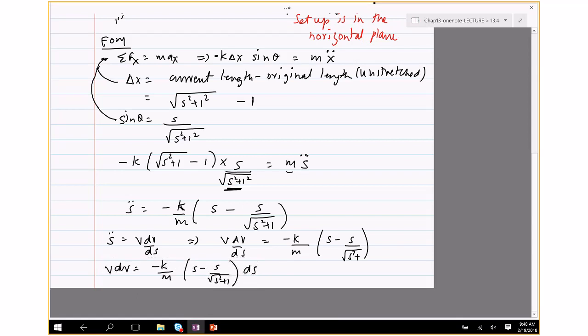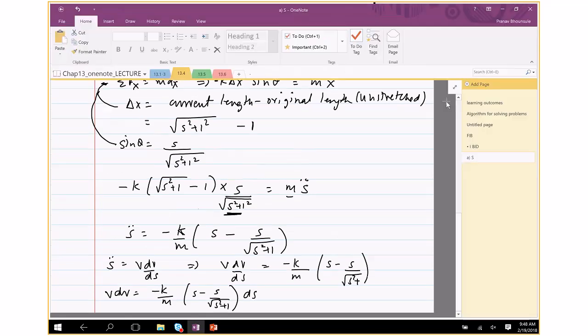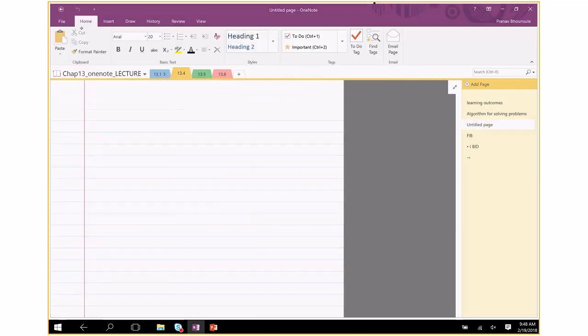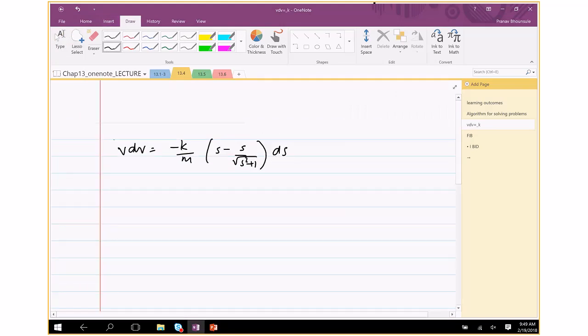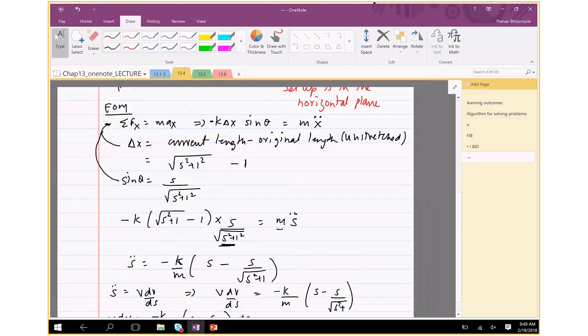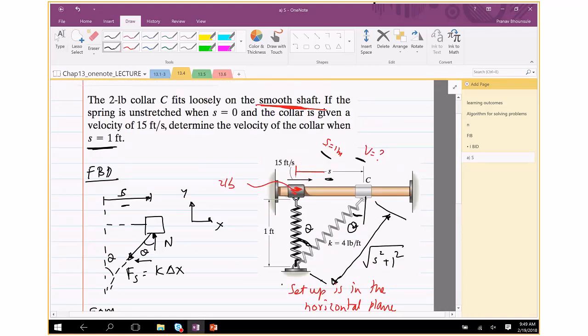Okay, let's do that integration. Initially velocity is 0 and displacement is 0; the final velocity is unknown and the final displacement is s equals 1 foot.